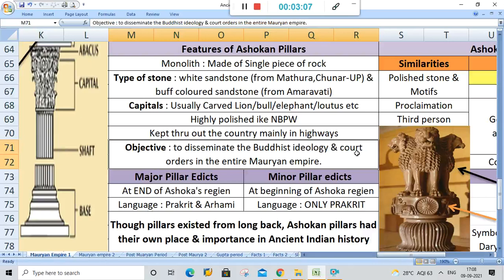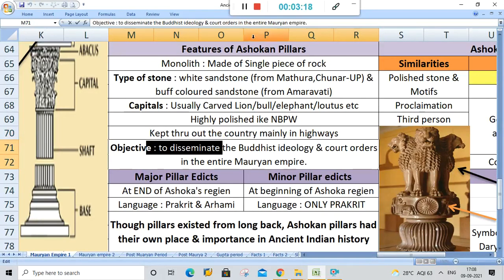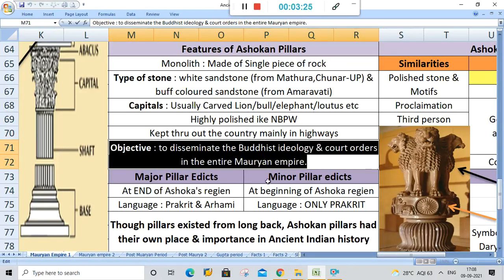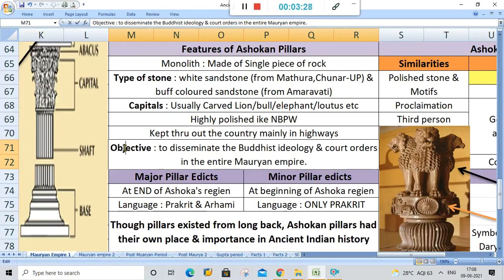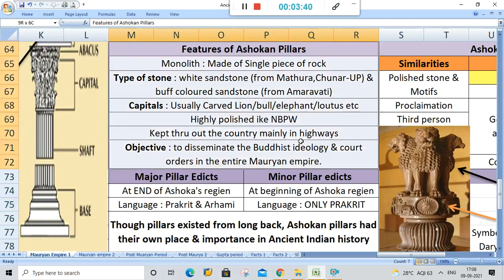They were kept throughout the country, mainly on highways. The objective of these Ashokan pillars is to disseminate the Buddhist ideology and court orders in the entire Mauryan Empire. So the objective of these pillars is also very clear. They wanted to propagate the Buddhist ideology through these pillars and also give court orders to the people of the Mauryan kingdom. So these are the main features of Ashokan pillars.